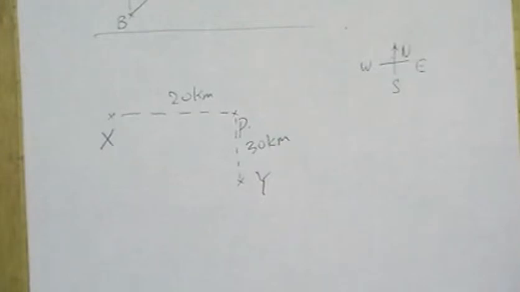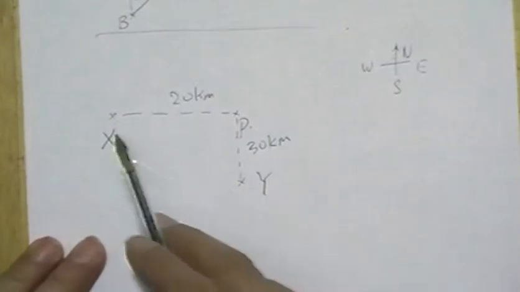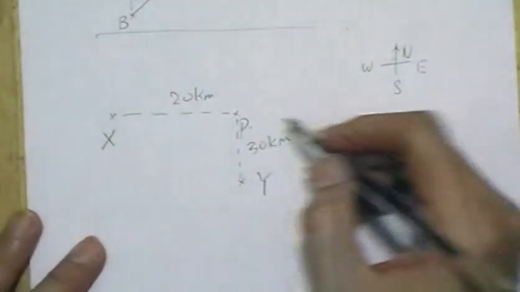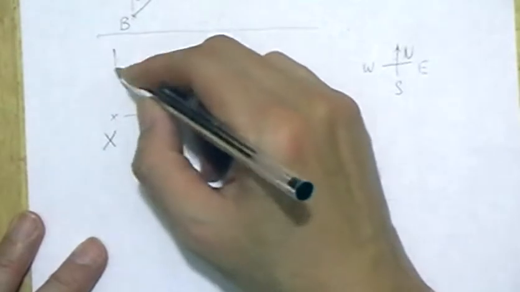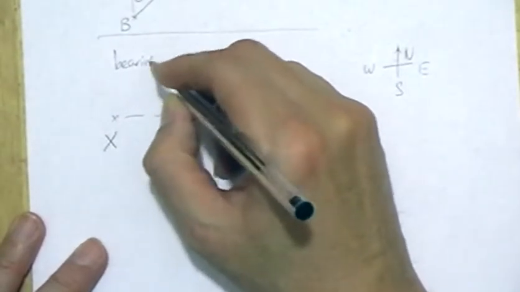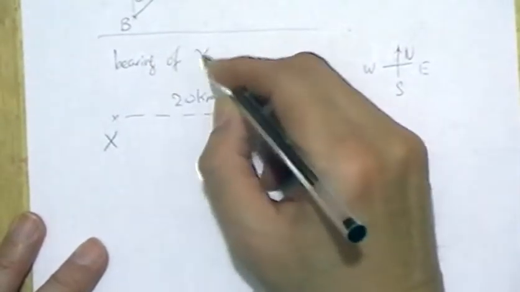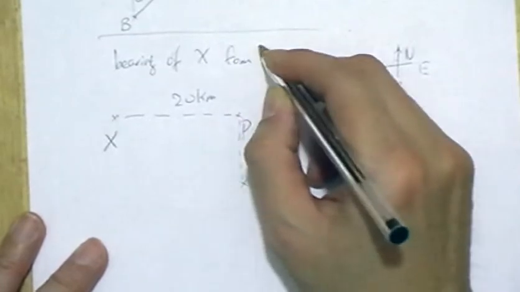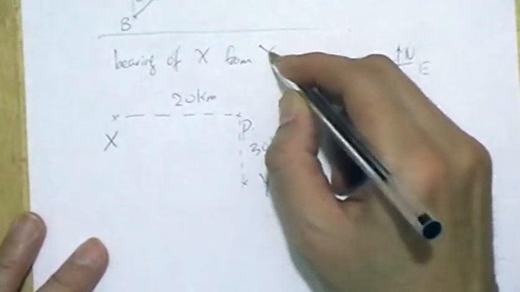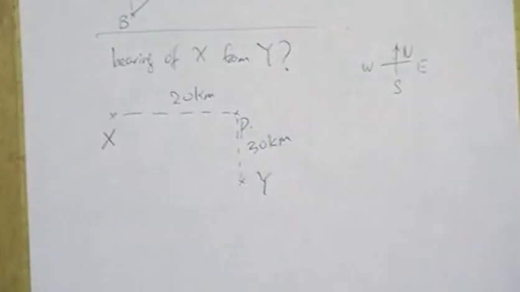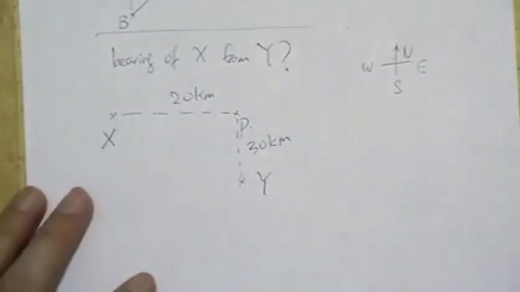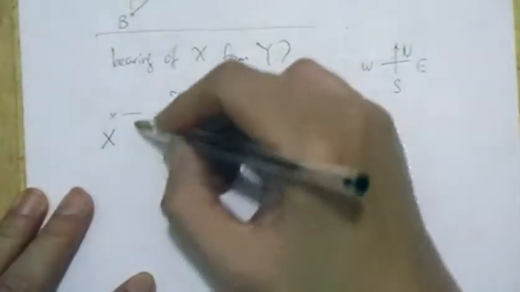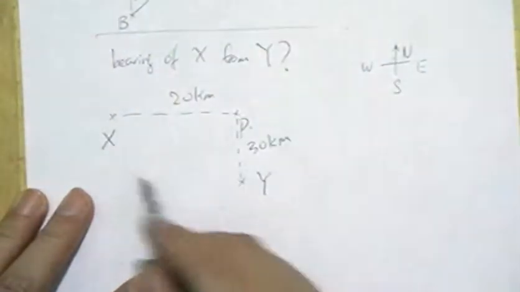We want to find the bearing of X from Y. So X from Y, let's draw a line joining the two.